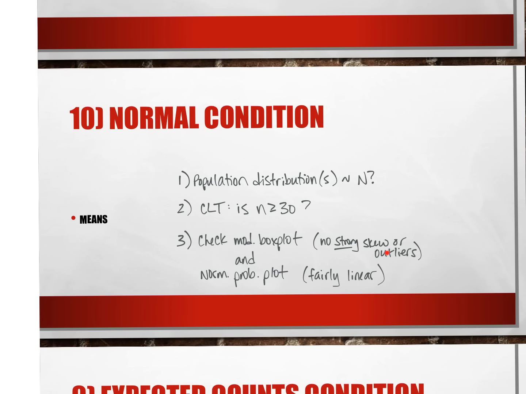You need to also make sure that you don't have any outliers present because that will definitely throw off our calculations. And for the normal probability plot, remember that has z-scores on the y-axis. You're trying to see if that is fairly linear. Okay, so it should form a roughly straight line for the normal probability plot.